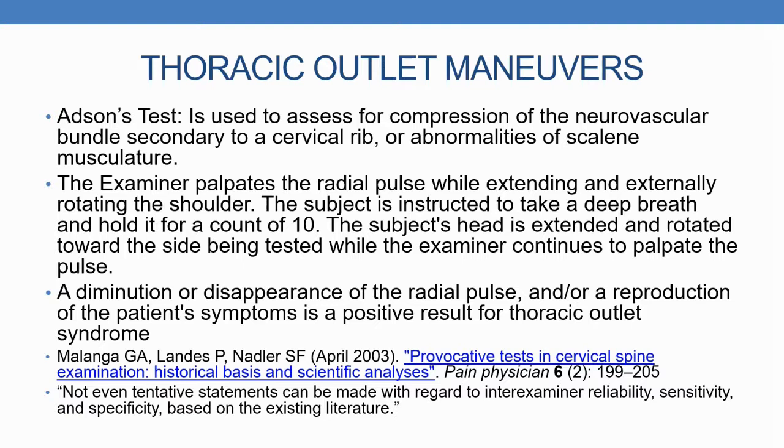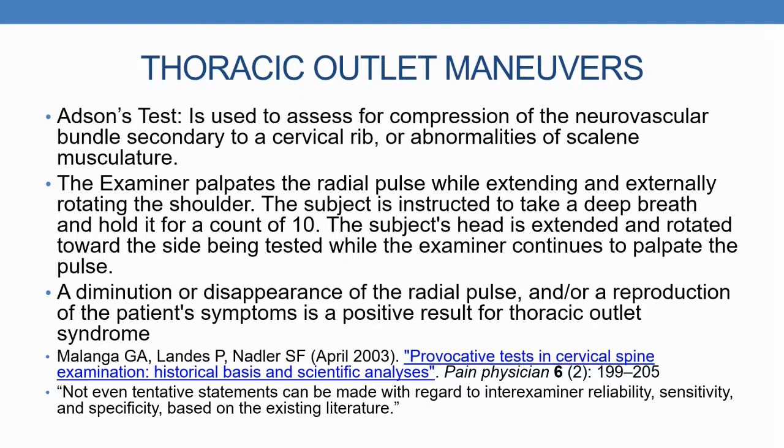Adson's test is used to assess for compression of the neurovascular structures secondary to a space-occupying lesion in the scalene hiatus, such as due to a cervical rib, or due to abnormalities of the scalene musculature. And you might think to yourself, well, what kind of abnormalities could exist within the scalene musculature? Well, there could be many.